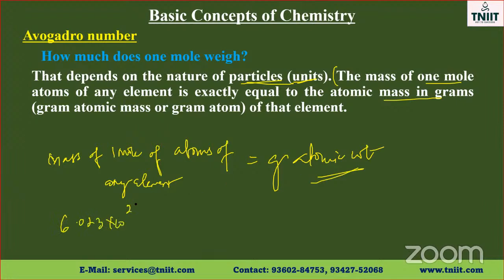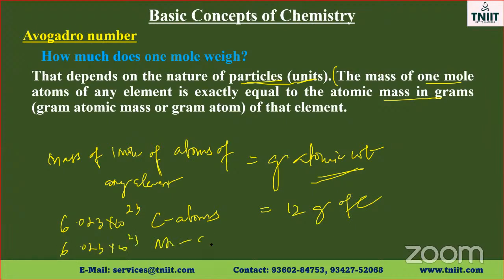Now, what does it mean? 6.023 × 10^23 carbon atoms will exactly weigh 12 grams. Likewise, if you take 6.023 × 10^23 sodium atoms, it will exactly weigh 23 grams, because the atomic mass of sodium is 23.